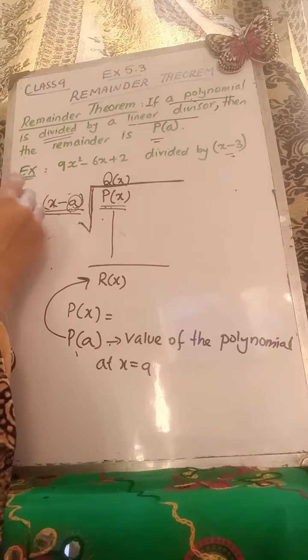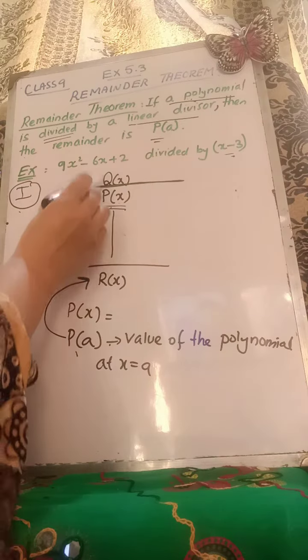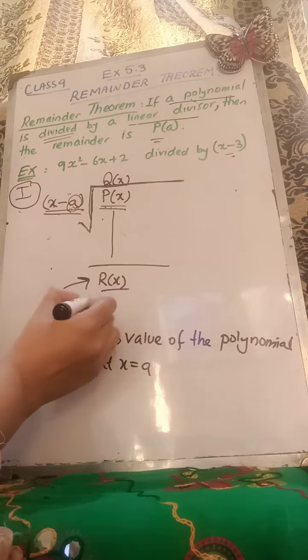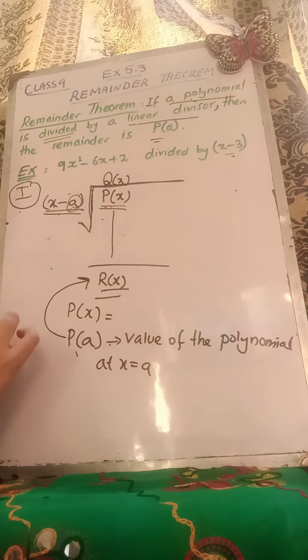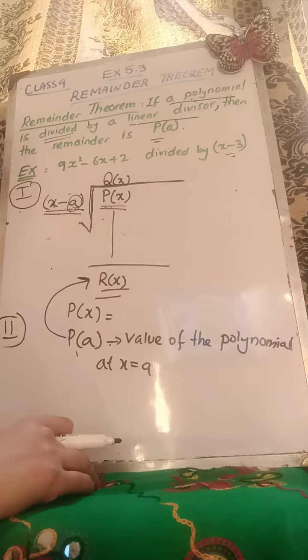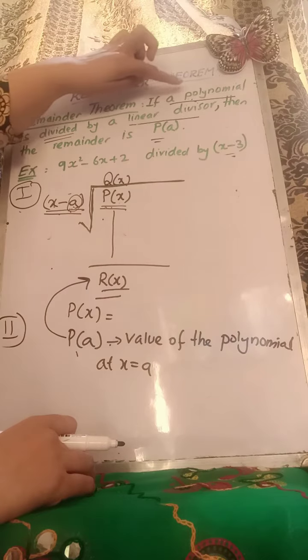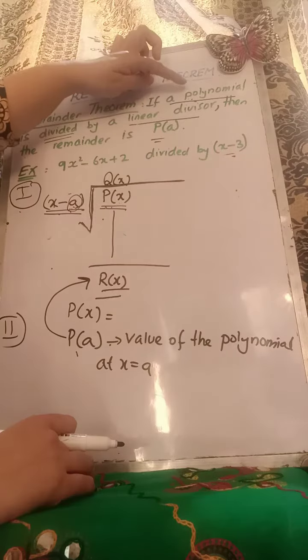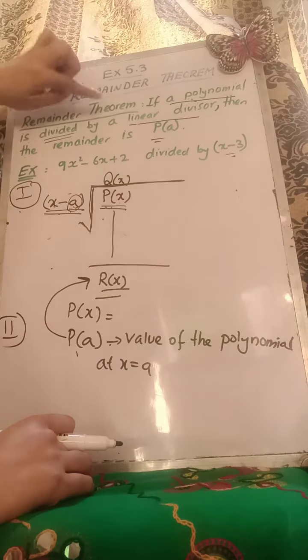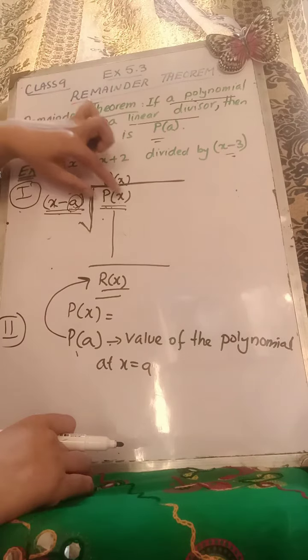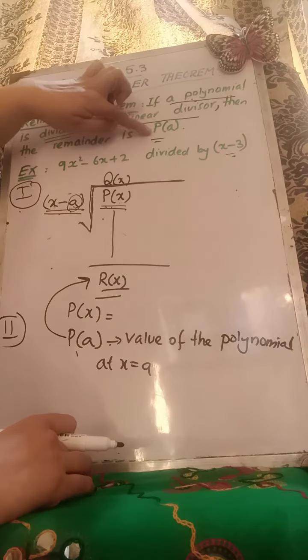So here you have two methods to find this remainder. The first method is to do the long division and get to the remainder. The second method, which is much shorter, is that of the remainder theorem. It tells us that the remainder when this polynomial p of x is divided by linear divisor x minus a is the same as p of a.